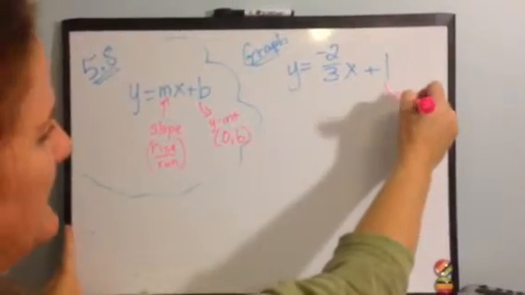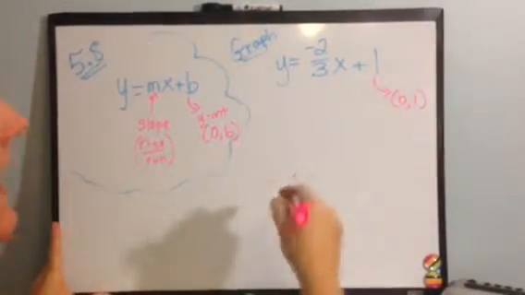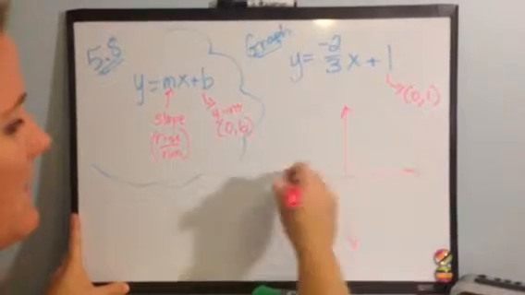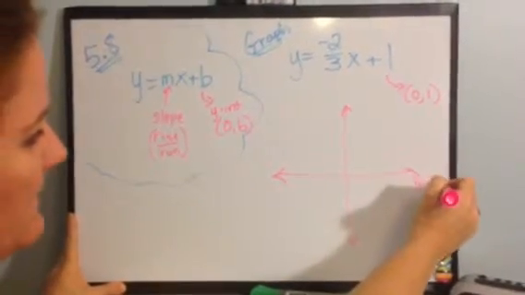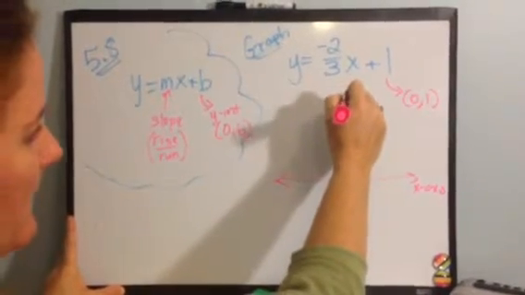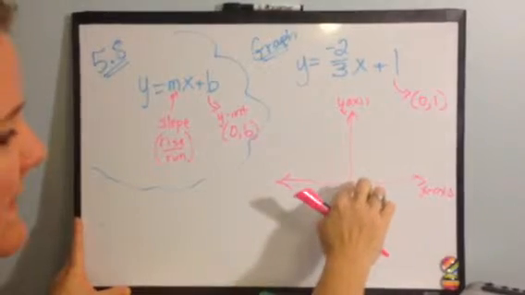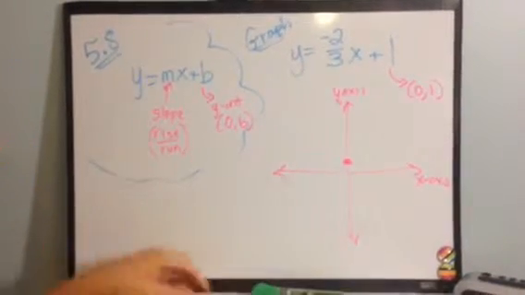This is the point (0, whatever that number is), so (0, 1). I want to immediately go ahead and graph that y-intercept. Remember this is my x-axis, this is my y-axis, and I can remember that because the y can have a tail going up and down. So the point (0, 1) is right there. Go ahead and graph him.